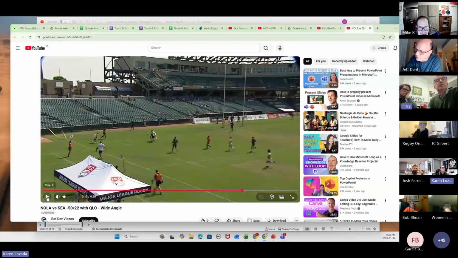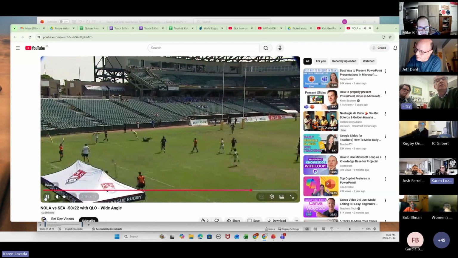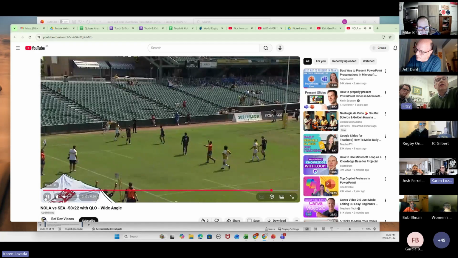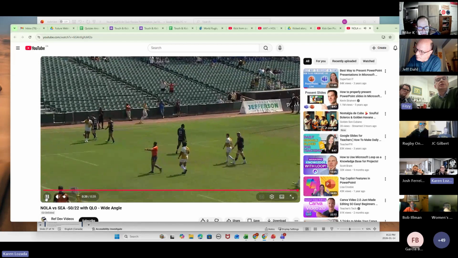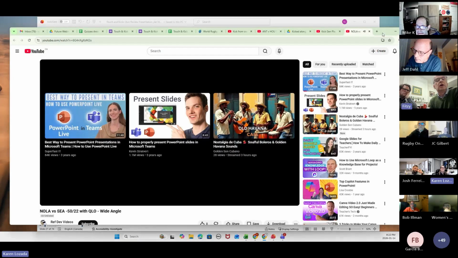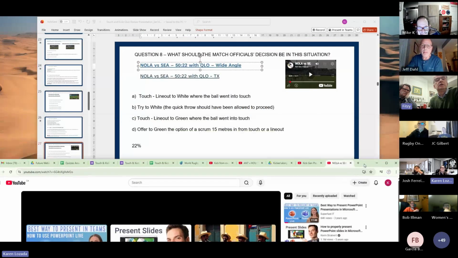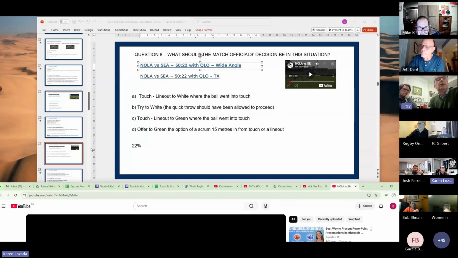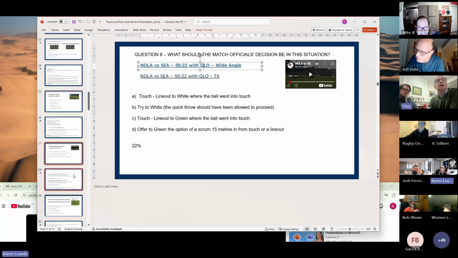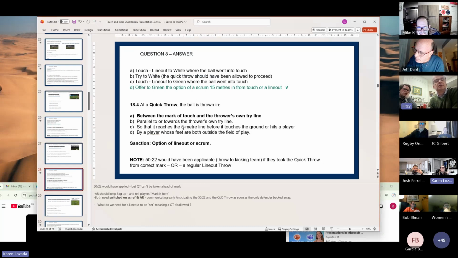So the white team has taken the quick throw incorrectly, and therefore the option of the scrum or line out is given to the black team, and they're denied the opportunity to take their line out. The white team can't go back and take it.